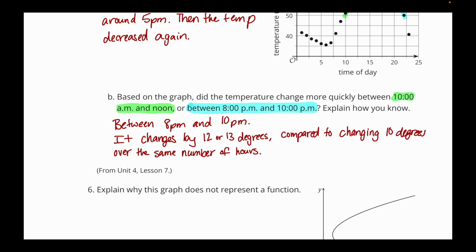Because 8 to 10 is the same as 10 to noon, so same number of hours. The blue just changes more degrees.